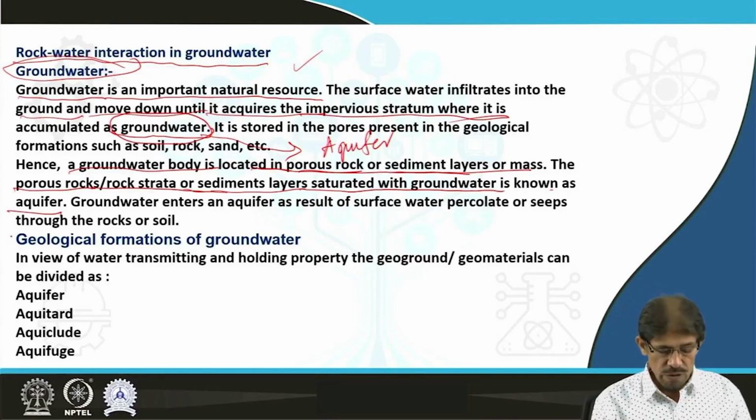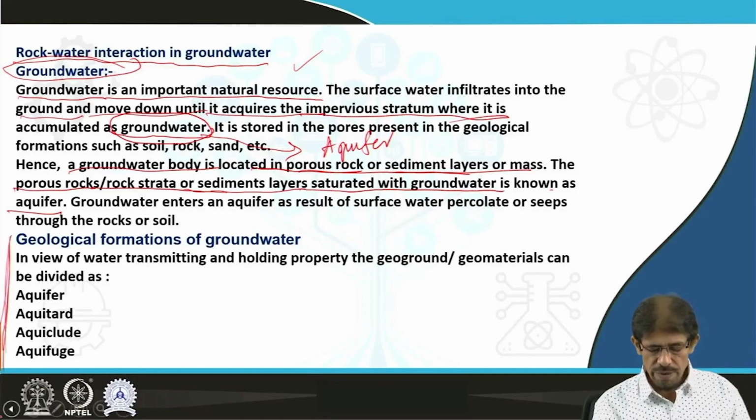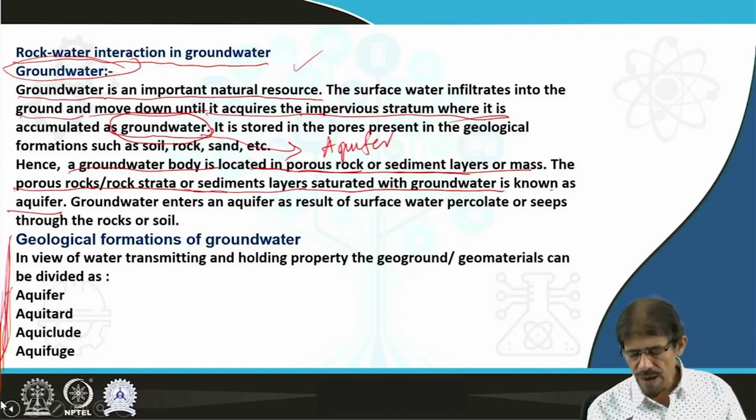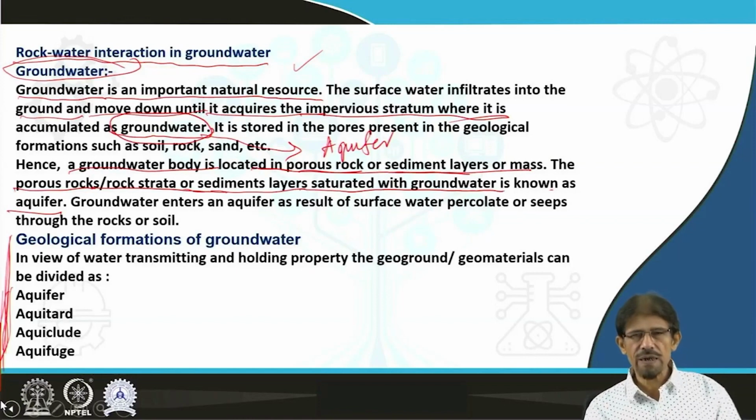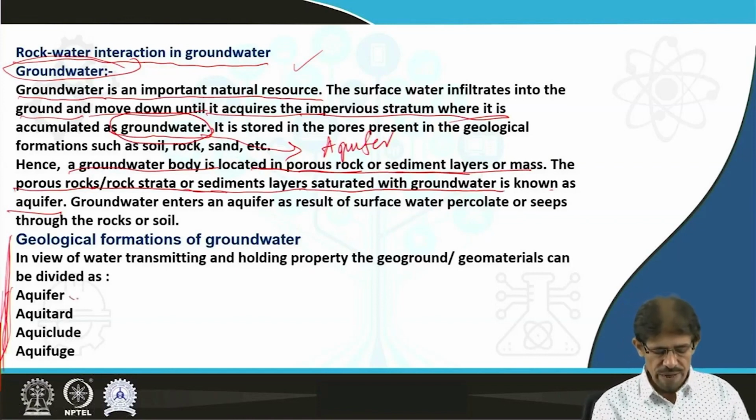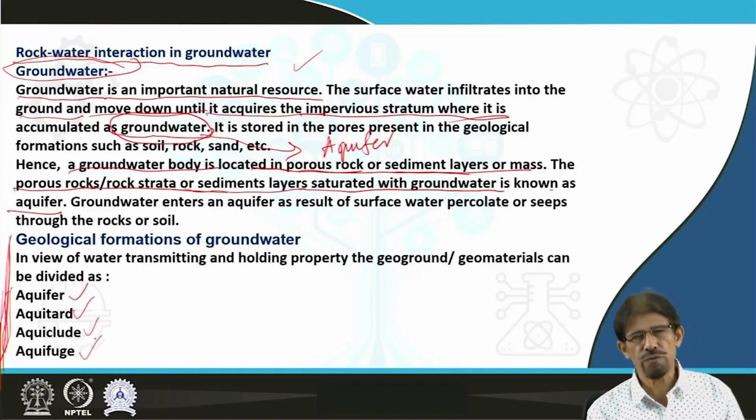From the water transmitting and holding property of the geoground, we can divide the whole geoground, from the point of view of water accumulation and transmission, into aquifer, aquitard, aquiclude and aquifuge.